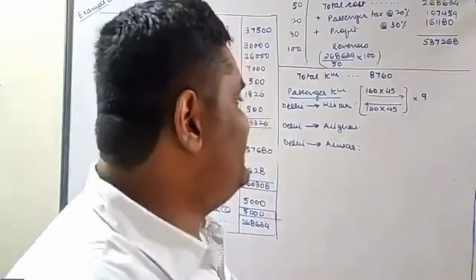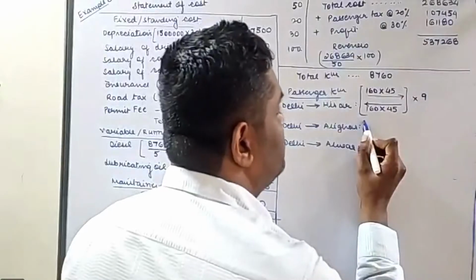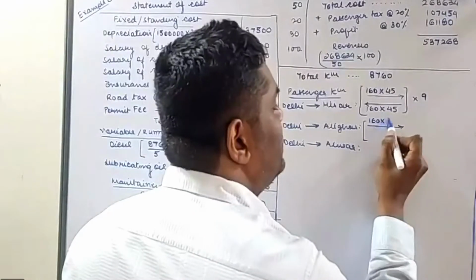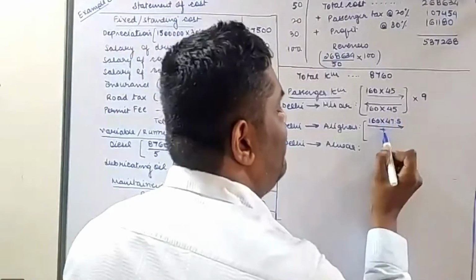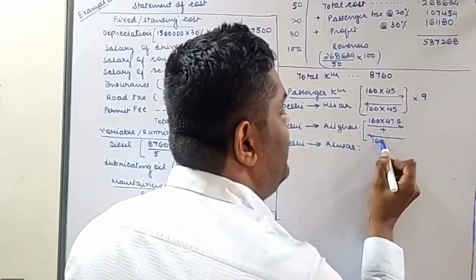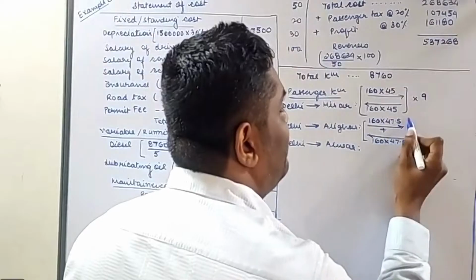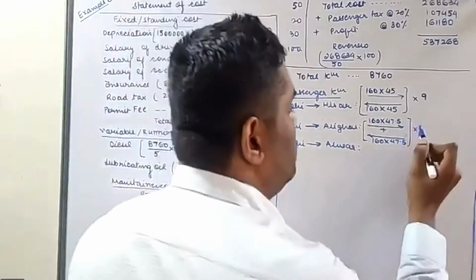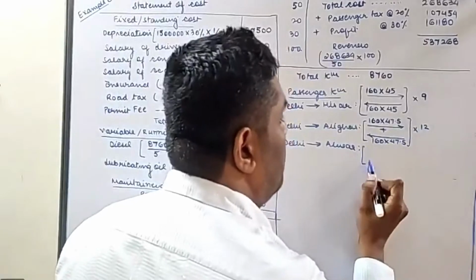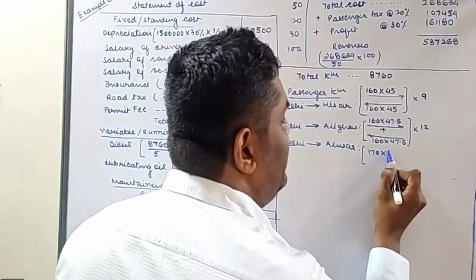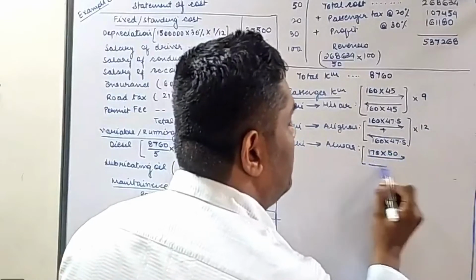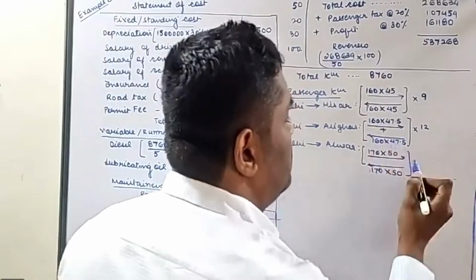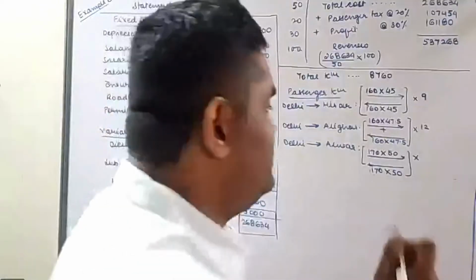So we can say 47.5 on an average. So 160 kilometers on an average 47.5. 160 kilometers into 47.5. And how many times in a month? It is 12 times in a month. Here 170 into full occupancy onwards, and 170 into full occupancy in the return. For how many times in a month? I think it is 6 times in a month.